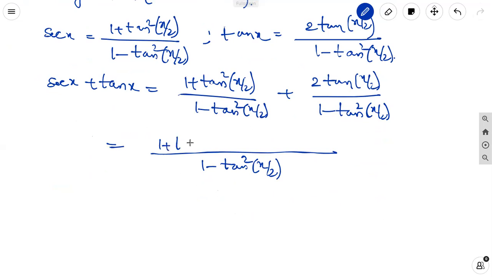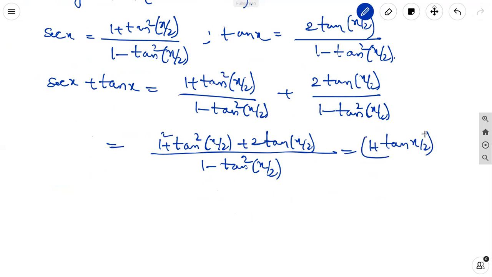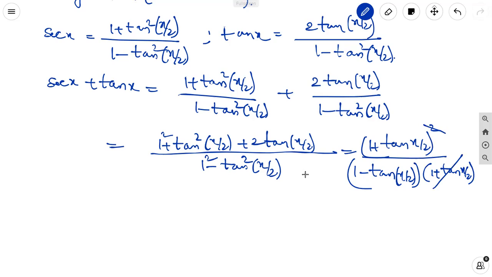Then add the numerators, 1 plus tan square of x by 2 plus 2 tan of x by 2. It is in the form of a square plus b square plus 2ab. It is 1 plus tan x by 2 whole square. In the denominator, it is in the form of a square minus b square. Then split into factors, a minus b into a plus b. So 1 minus tan of x by 2 into 1 plus tan of x by 2. 1 plus tan of x by 2, one factor will get cancelled.